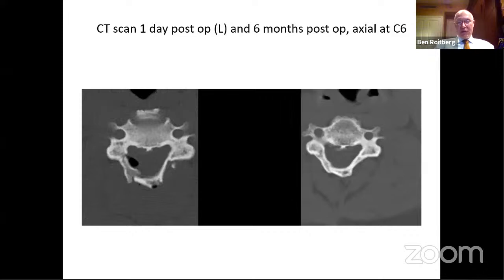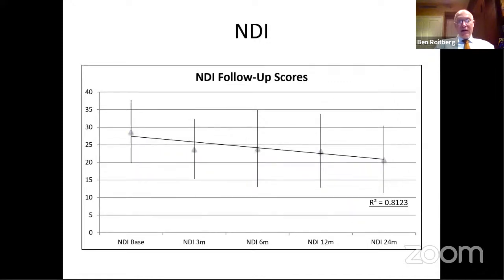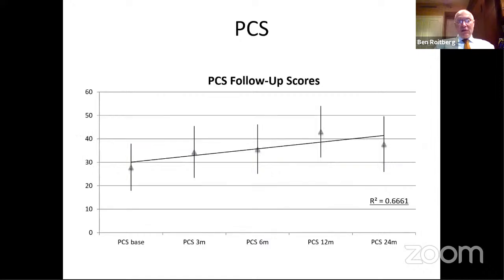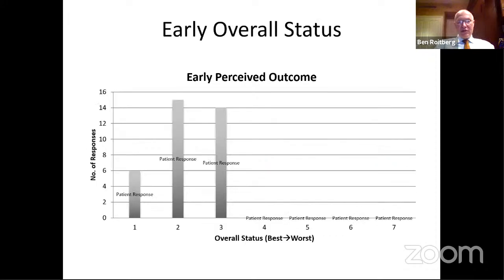In that study, we could see the gradual improvement of visual analog scale follow-up scores for neck pain, which is quite impressive. NDI, PCS, that's the SF-36 PCS scores, but the mental did not change. Mental remains the same.